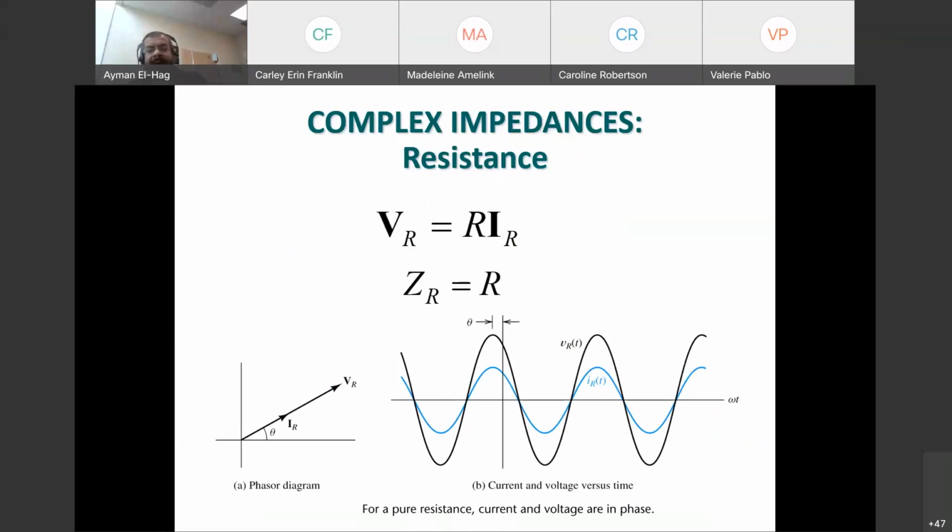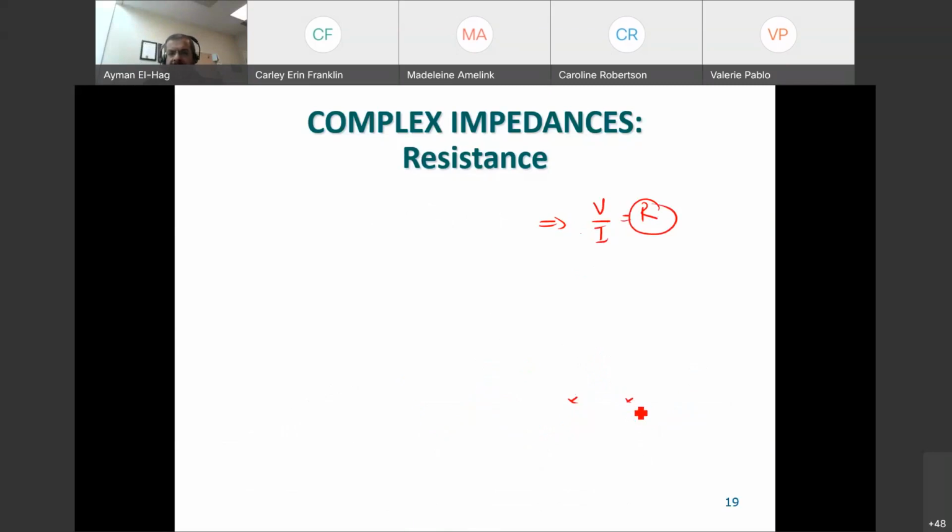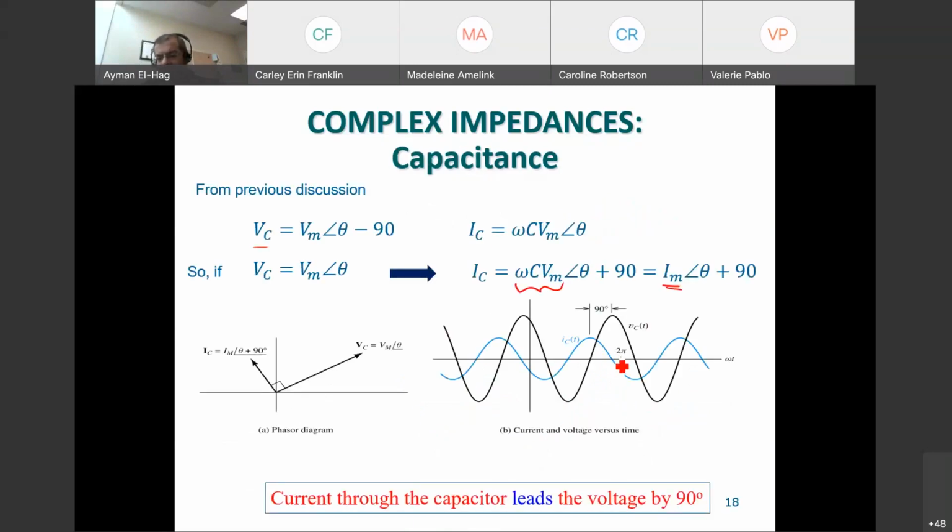So when we have ZR, which is equal to R, your V over I is equal to R. R here has no angle, zero angle. So this is why we see that the voltage and the current have exactly the same zero crossing. But if you go here, you will see that the current leads the voltage. So the zero crossing here is ahead.